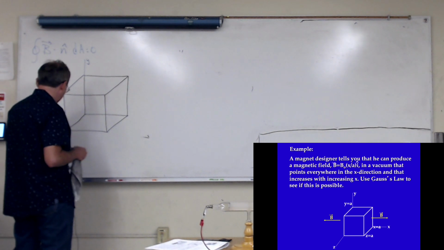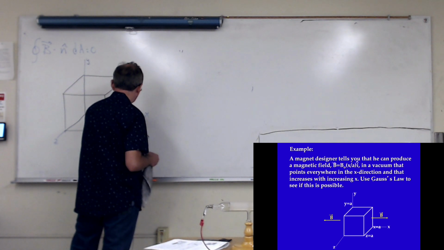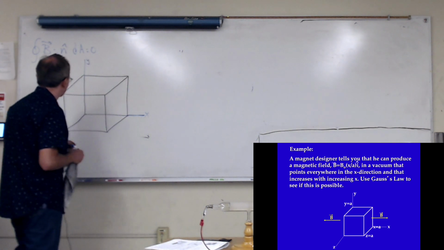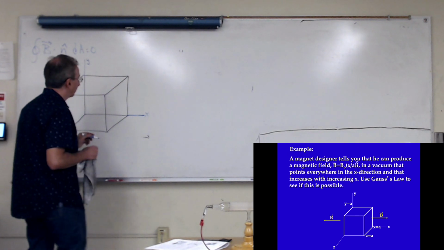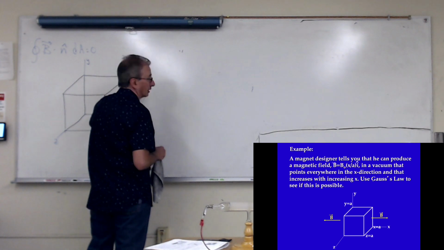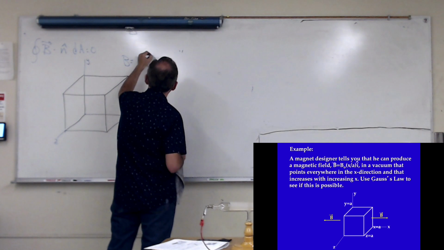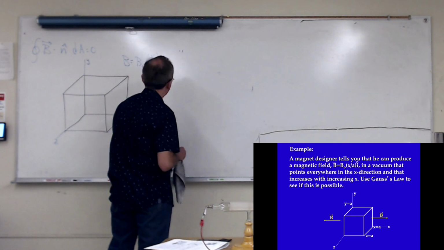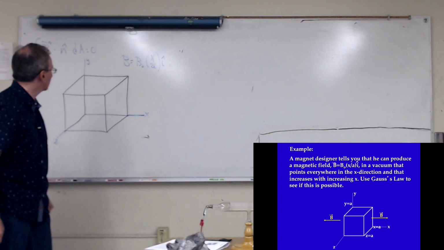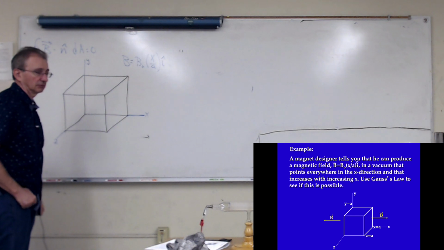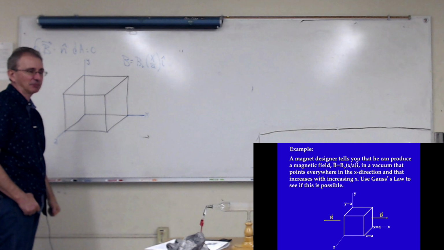This is the z-axis. This is still a right-handed coordinate system. So the magnetic field B is equal to B naught x over A i hat. And I have to calculate the flux through each surface. I want to see if this is 0. This box has dimensions A by A by A.